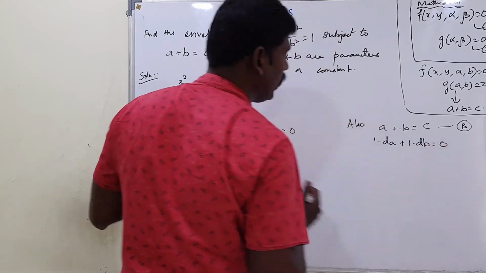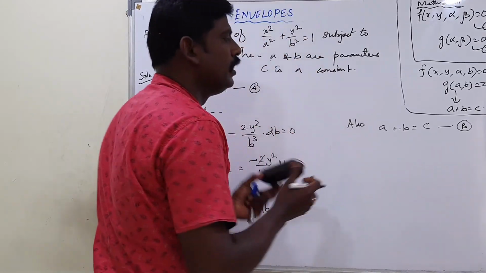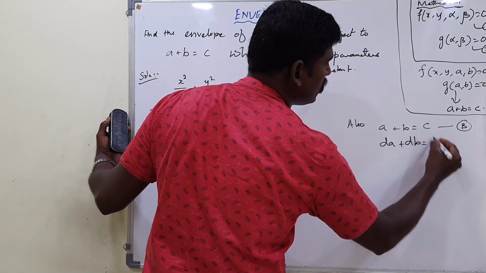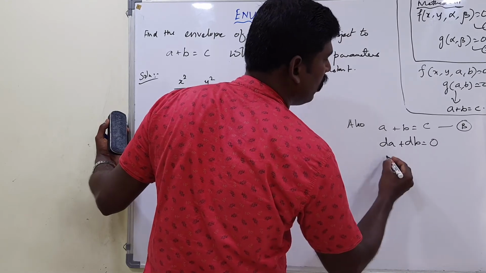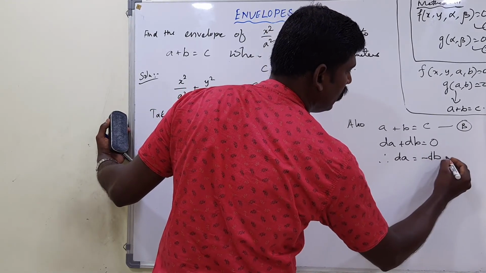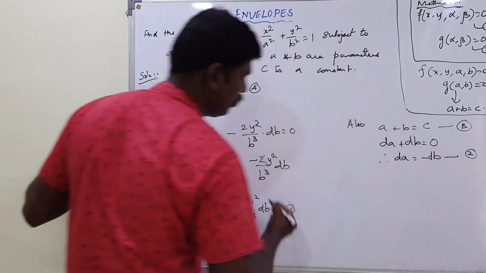This c is a constant, it becomes 0. Therefore dA = minus dB, called equation number 2.